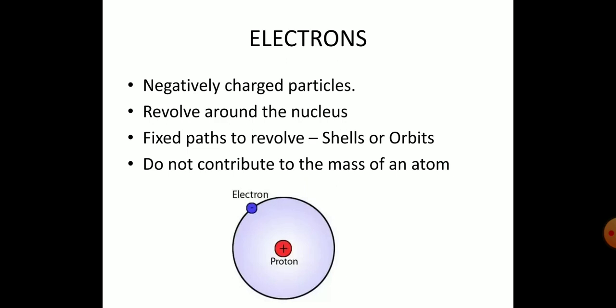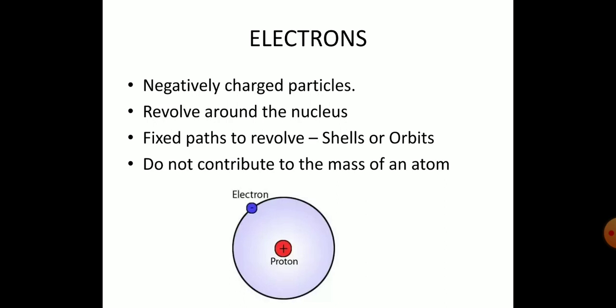then they don't contribute to the mass of an atom. That means we are not bothered about the mass of an electron at all. Okay, mass means something similar to weight, or the mass of that particular electron. We are not going to take that into account for the atom.